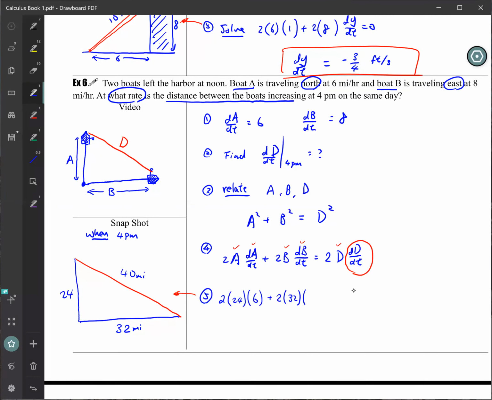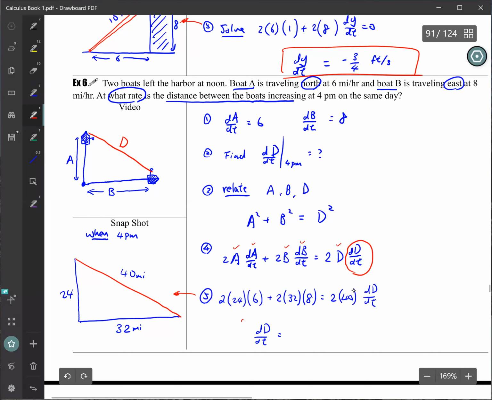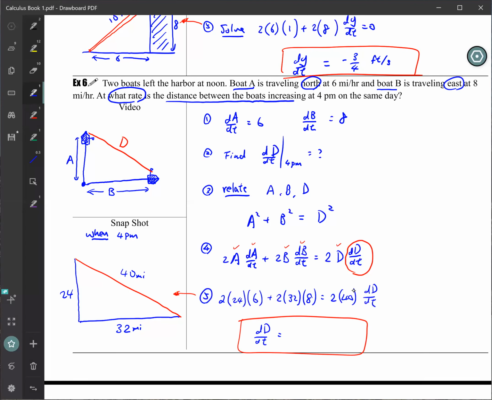And then we have 8. 2 times 40 dD/dt. Everybody has to get this, okay? Final step, isolate dD/dt. Raise your hand if you got it.